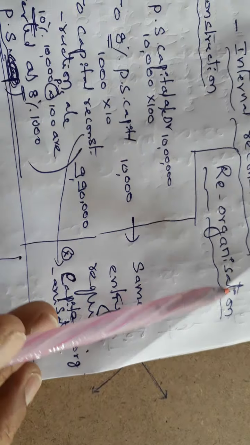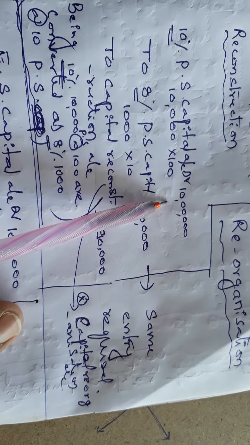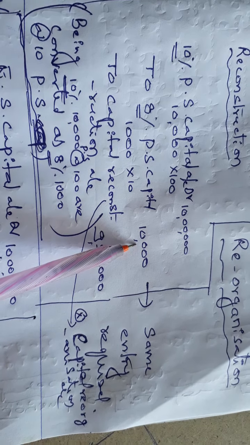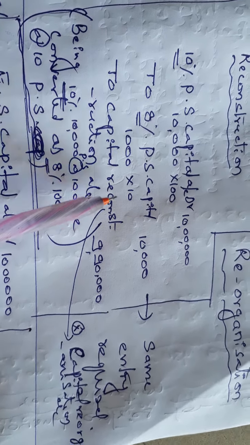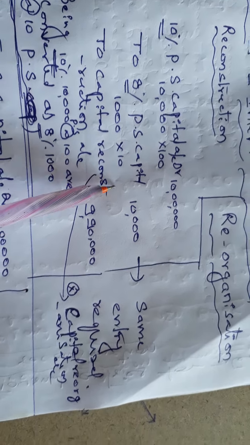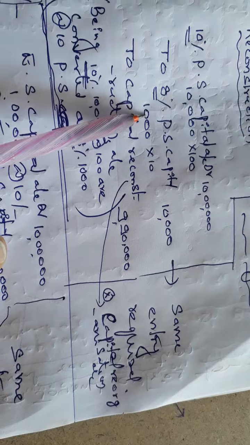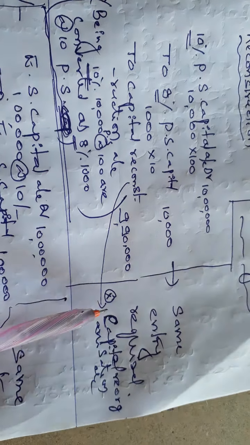In case of reorganization, pass the same entry: 10% preference share capital account Dr. to 8% preference share capital. In place of capital reconstruction, write capital reorganization. So 10% preference share capital account Dr. to 8% preference share capital, to capital reorganization.